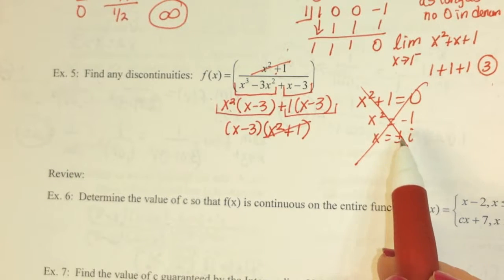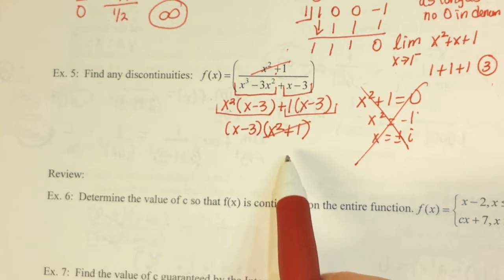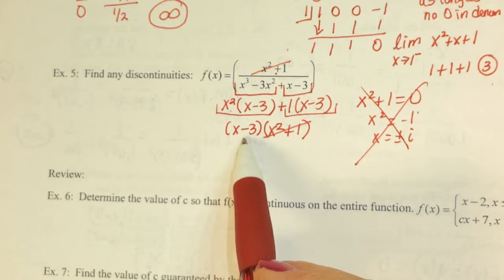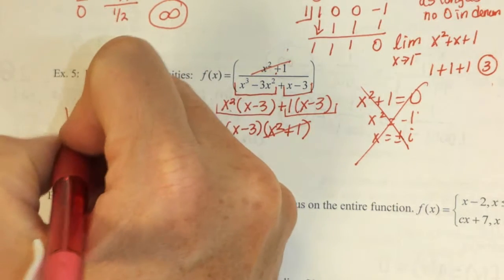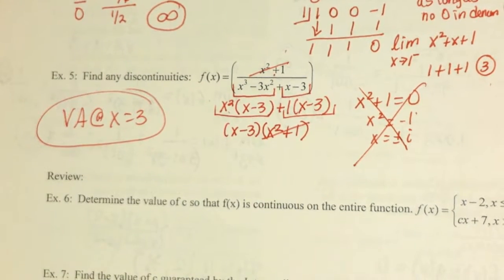So there's no real number that's going to make that equal 0. So therefore there's no hole in the graph. This will actually be a continuous graph. But what is this going to cause us to have? Vertical asymptote. So we have a vertical asymptote at x equals 3, and that's the only discontinuity this function has. If we wanted to double check that, we could look at the graph.